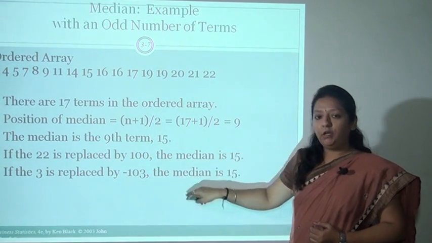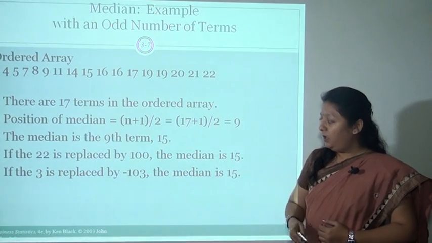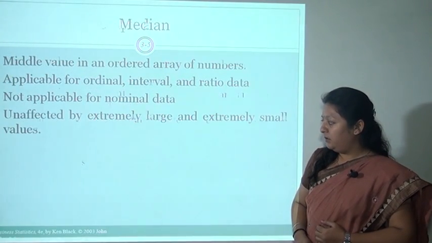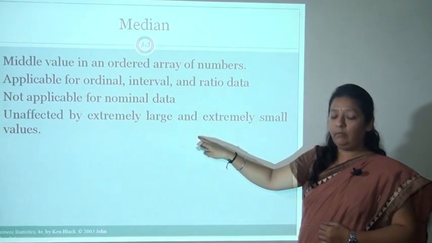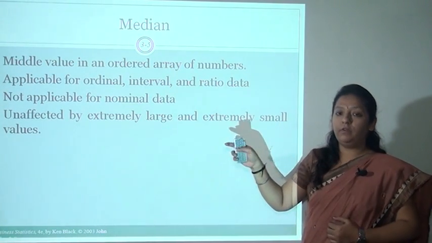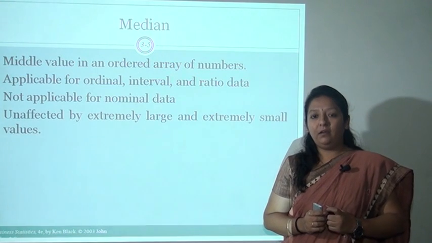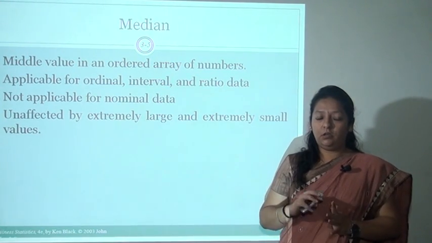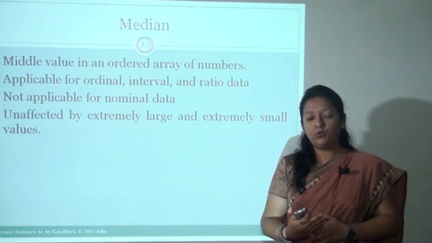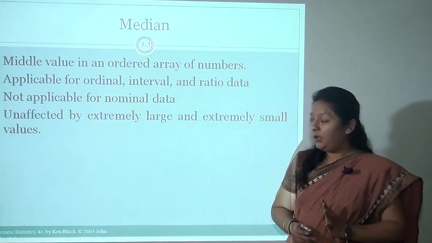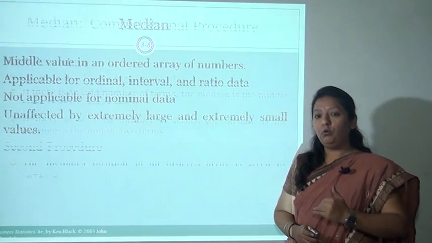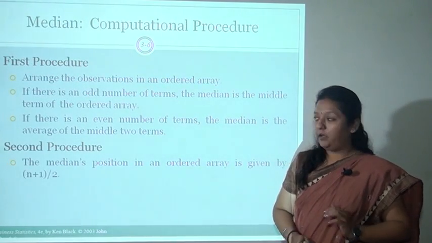If the 22 is replaced, now we'll understand that the median is unaffected by extremely large and extremely small values. The value of the median cannot be changed even though we add any extreme large or small values into an array, because it is the middle value in the ordered array.